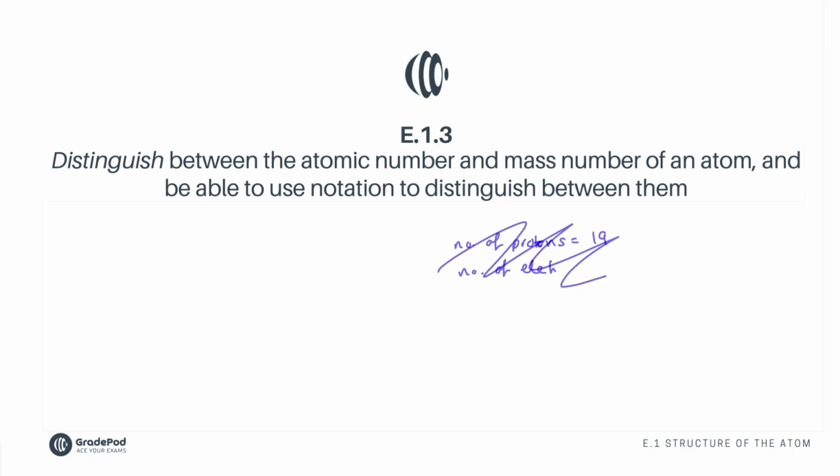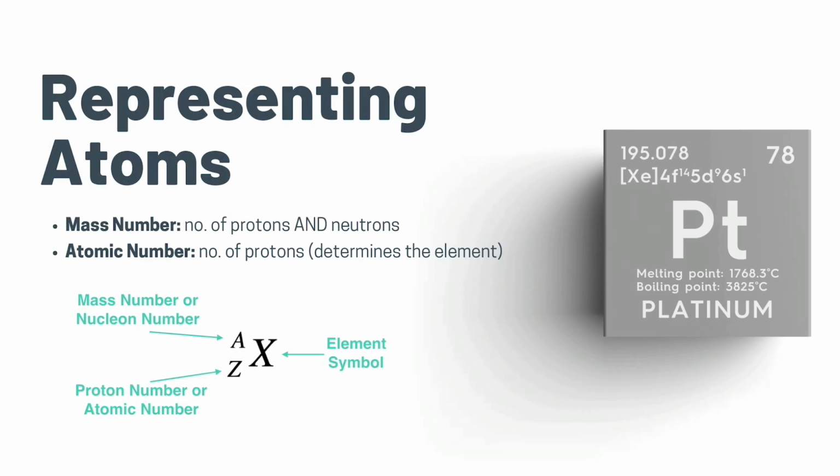So what we do is we come up with notation to explain what things are made of. We want a really quick way to give as much information as possible. That's why we do things like graphs. It explains so much. And in this case, we come up with notation to tell you how many protons are in an atom, how many neutrons, and what the atom is called. So we represent atoms using something familiar to you, hopefully, that looks like this.